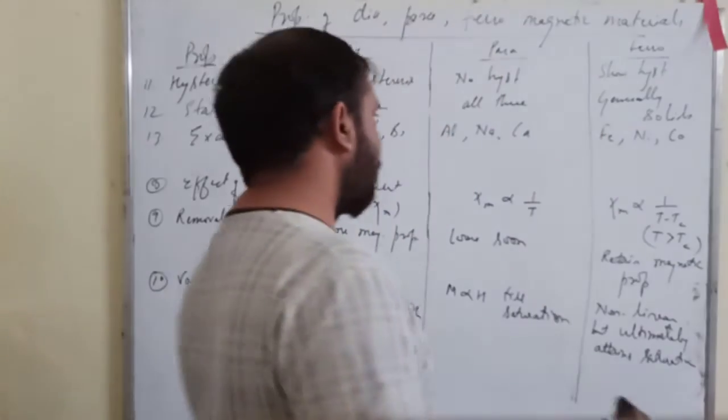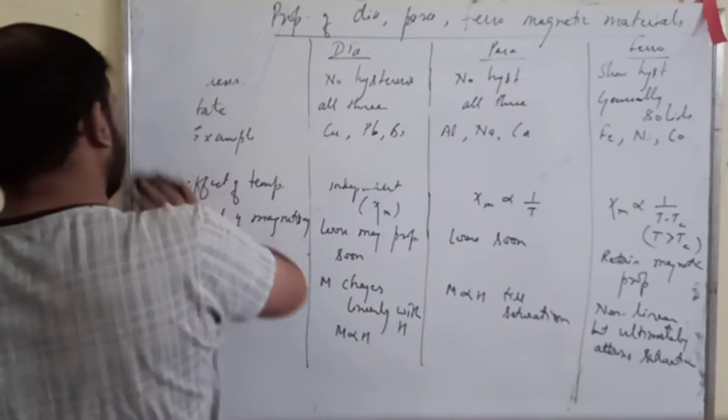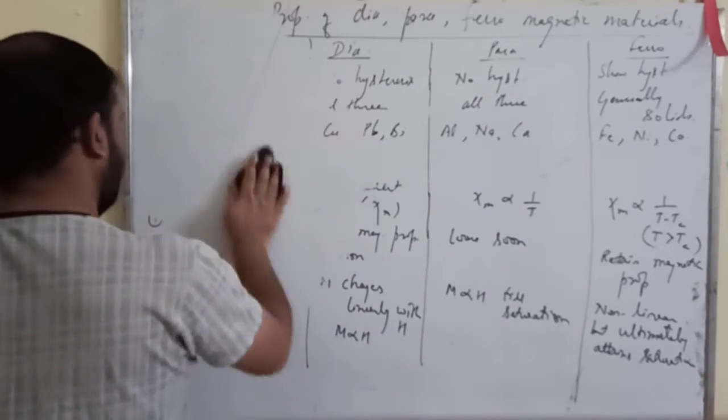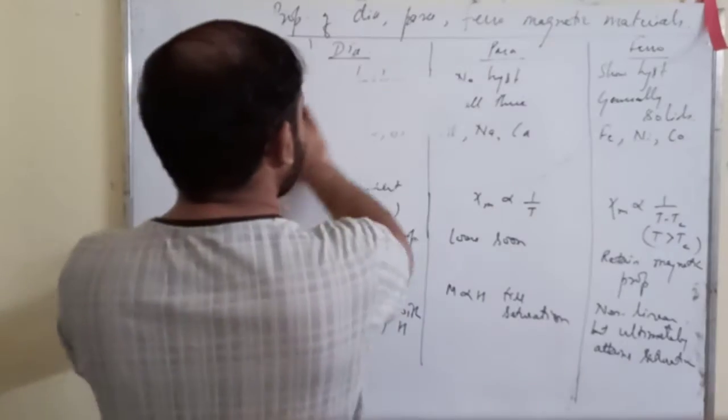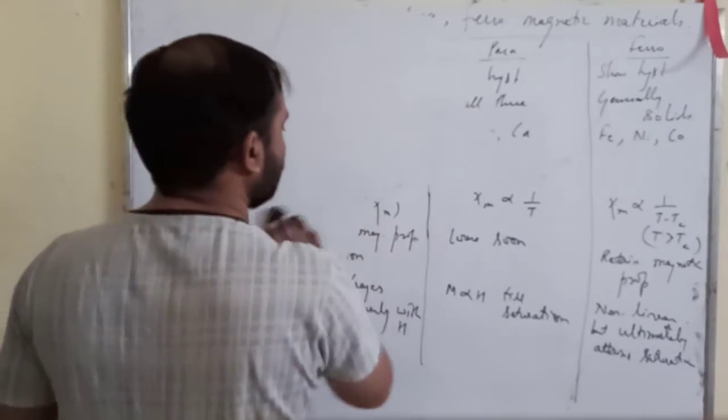Alright, so this was about the properties. Now we move on to the last topic that I told you that I will discuss with you, that is hysteresis. What is hysteresis loop?